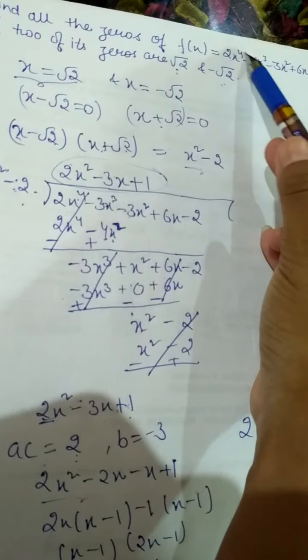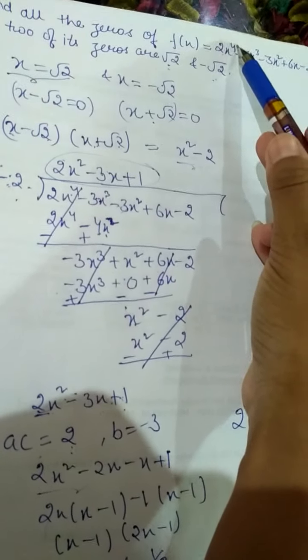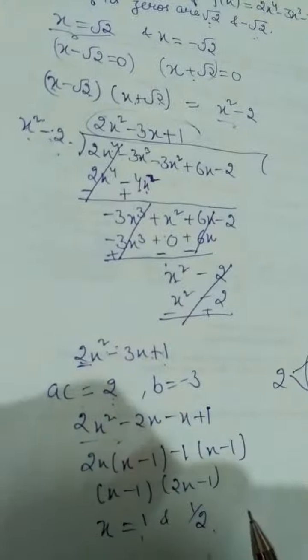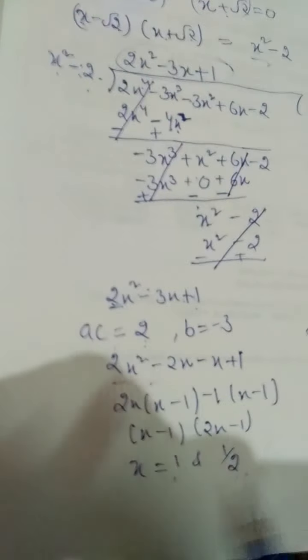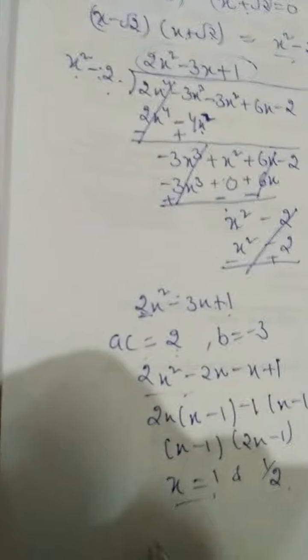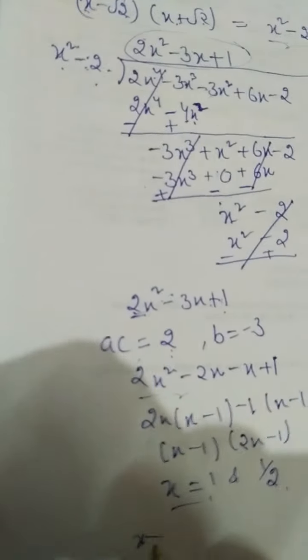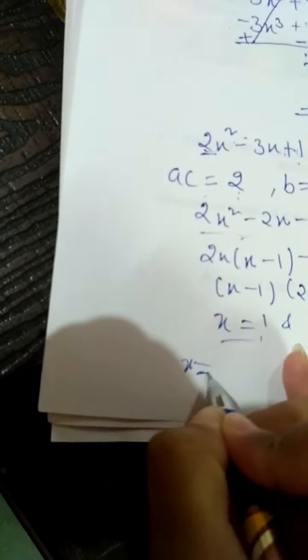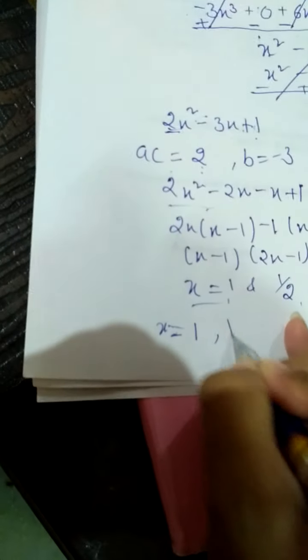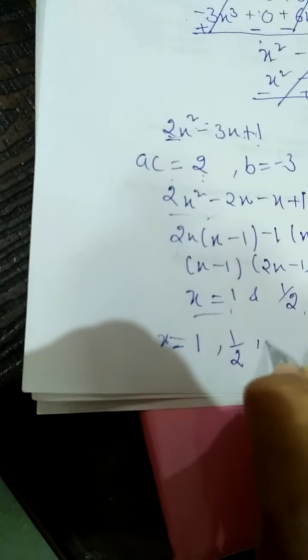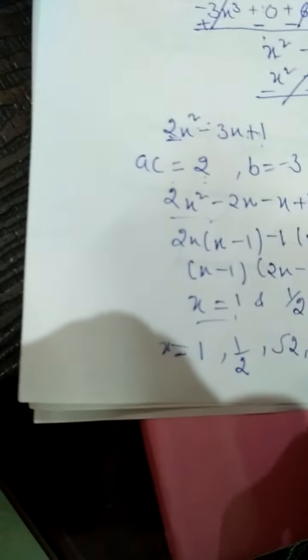That means here we have x to the power 4, so we need 4 values of x. Earlier we had 2 values, now we have 2 more values. So these are the roots. So x is equal to 1, half, root 2 and negative of root 2.